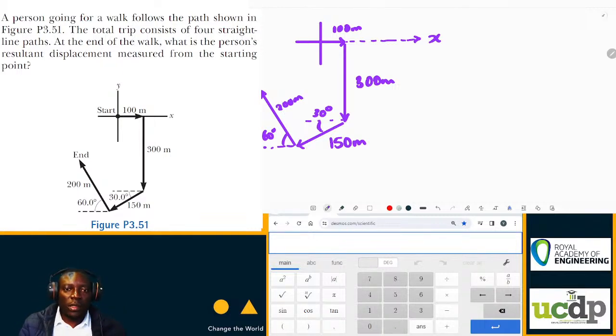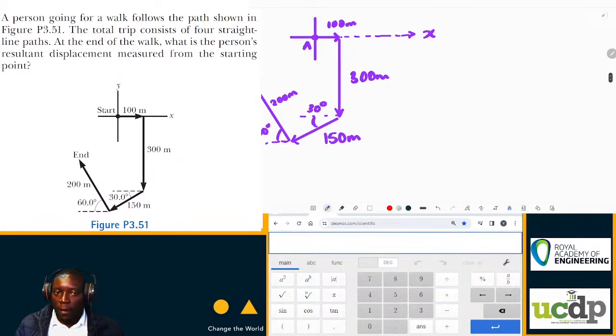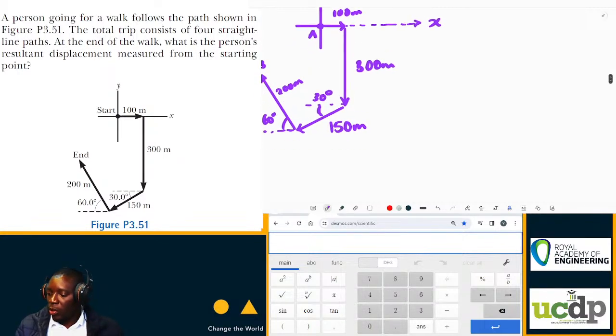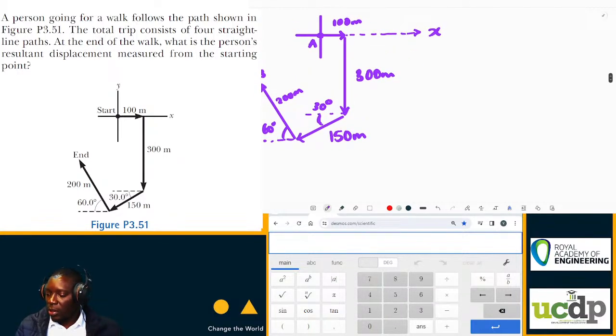So the question is find the resultant displacement, which is, we can call this point the starting point A and the end point B. So what we need to do for this resultant is add all the x components together and add all the y components together and find the resultant.